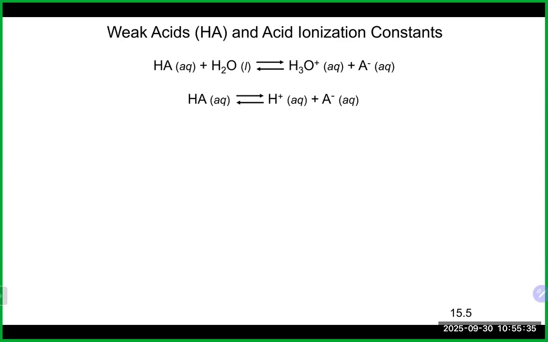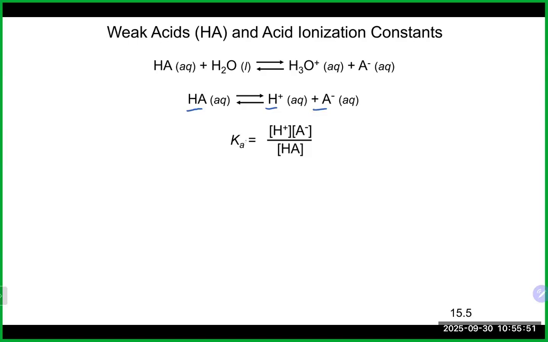Now, what happens with weak acids? Well, weak acids are a little bit different. They will set up an equilibrium because they're weak electrolytes. And because they set up an equilibrium, we could write our favorite thing ever, which is an equilibrium expression. We're going to take our products divided by our reactants here.